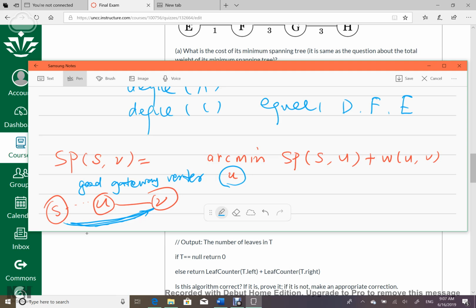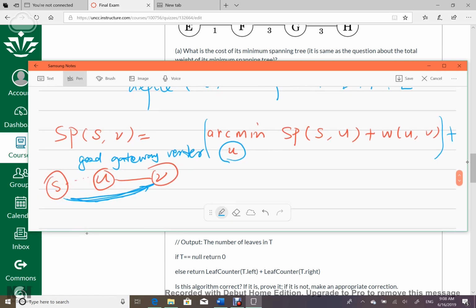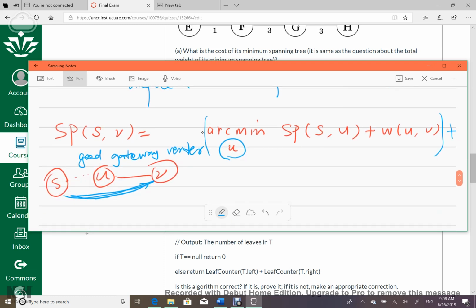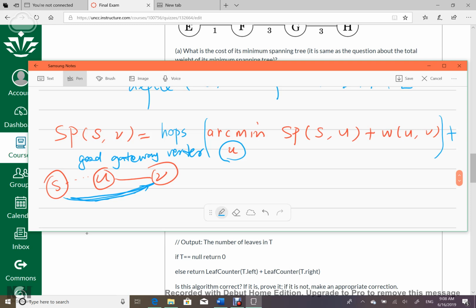And after you find this one, you find the path length, the number of hops, plus 1, right? Number of hops plus 1.